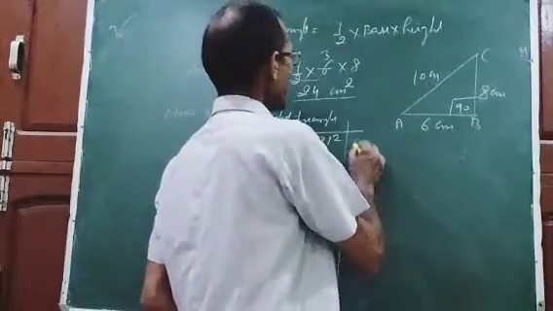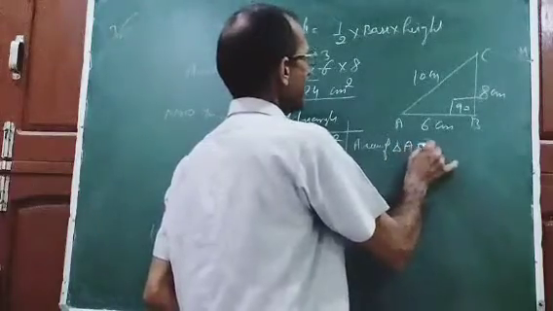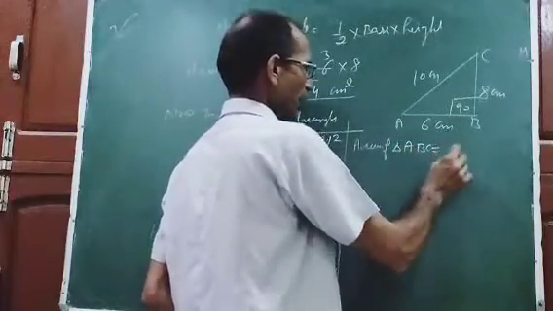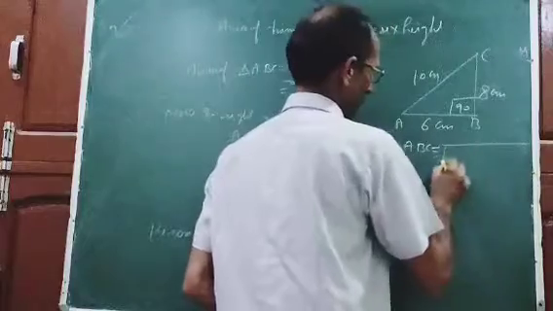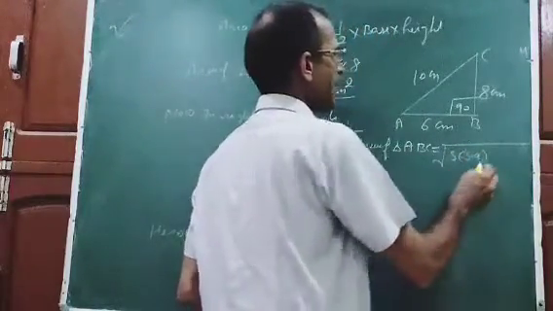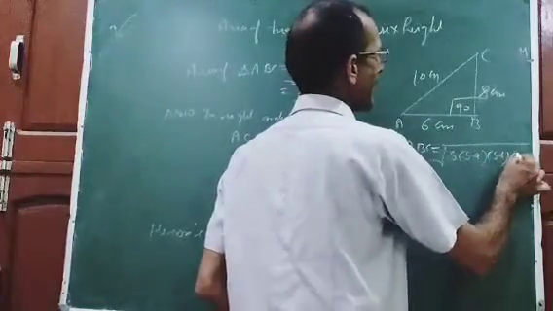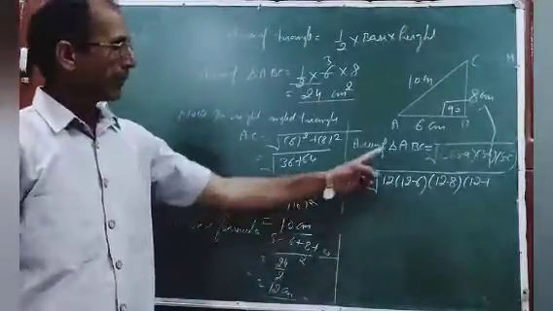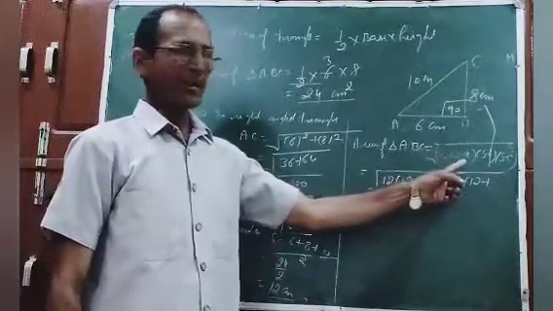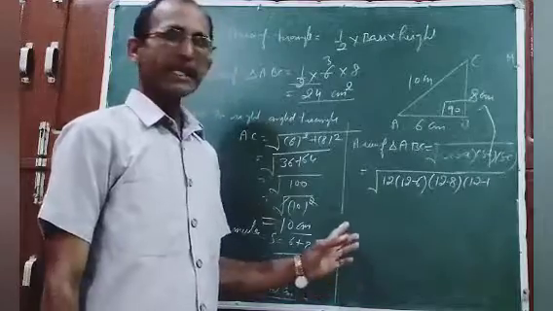After finding the S, how will we find the area? Area of triangle ABC, write this formula: root of S into S minus A, S minus B, S minus C. A means first side, B means second side, A, B, C are the sides.